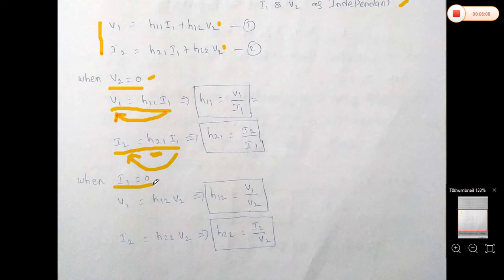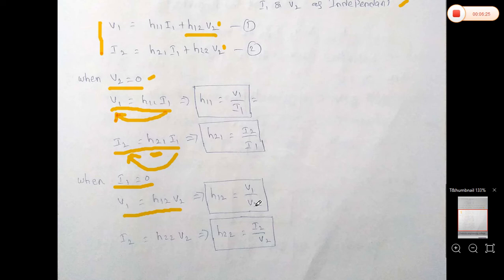In the second case, when I1 equals 0, substitute I1 equal to 0 in equation number 1. Then V1 equals h12 V2. So from this, h12 equals V1 by V2.